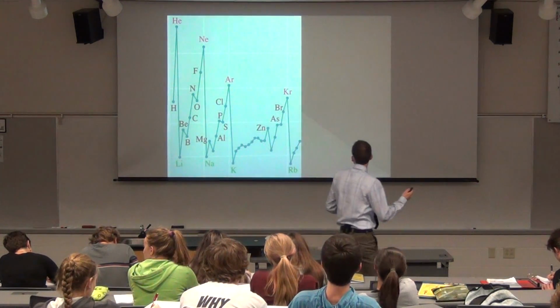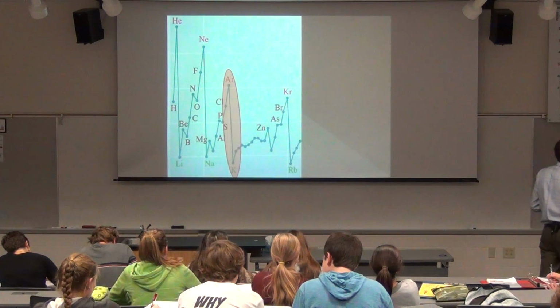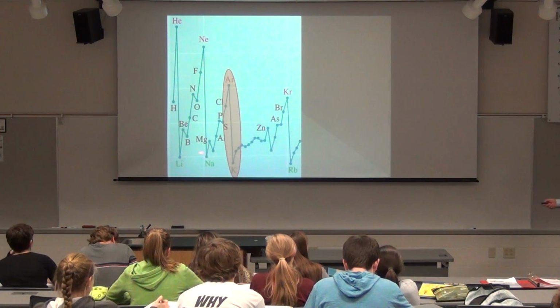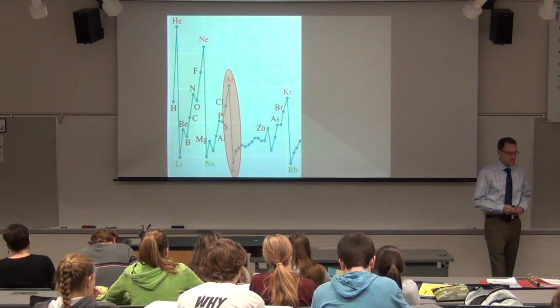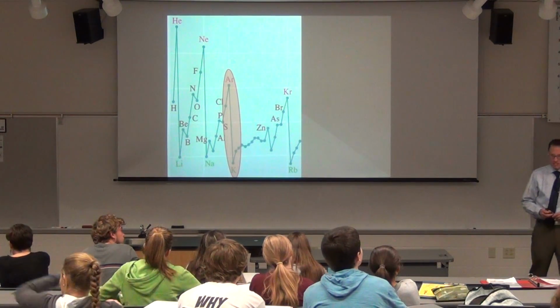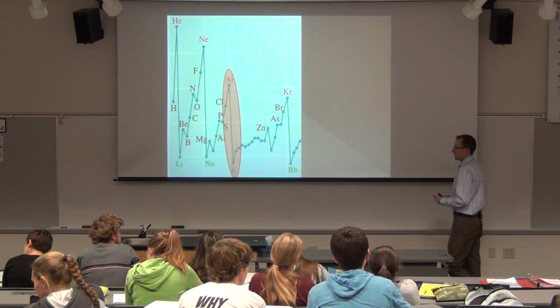Last one. Whoa. Why are argon and potassium so different? Why is it easier to remove an electron from potassium than it is from argon?